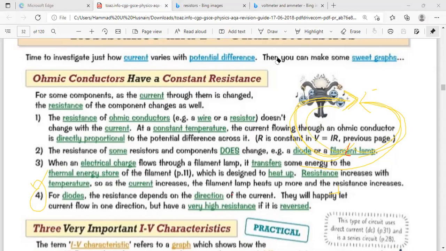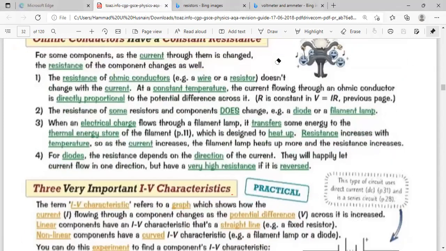When the current was flowing in this direction, it was easily letting the current flow through it, but when the current was in this opposite direction, it was providing very high resistance, it was not letting the current flow through it. So have you got my point now? Yes. If you have any confusion in this, you may ask Tala. No, it's fine. I get it. You got it? Okay.